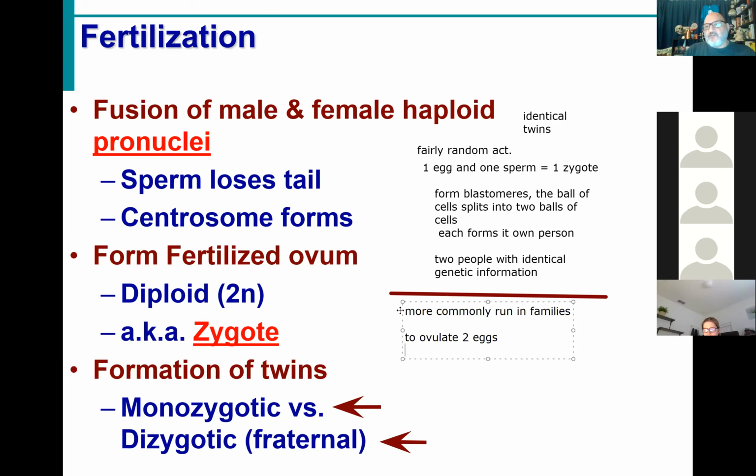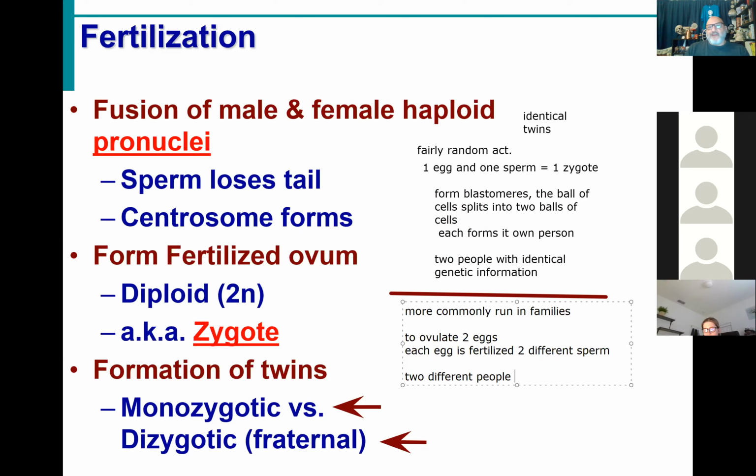And if you ovulate those two eggs, each egg is of course different, but each egg is individually fertilized. And obviously they're going to be fertilized with two different sperm. And so basically you have two completely different people growing inside of you at the same time.